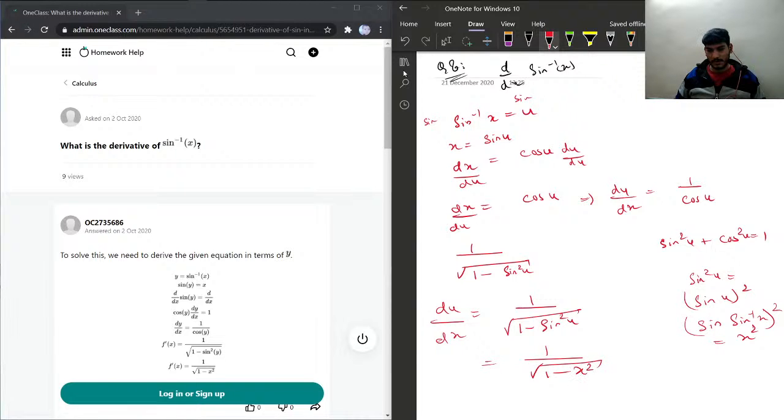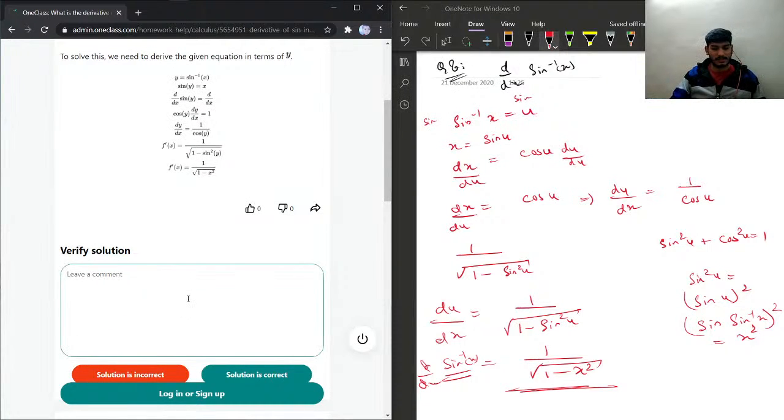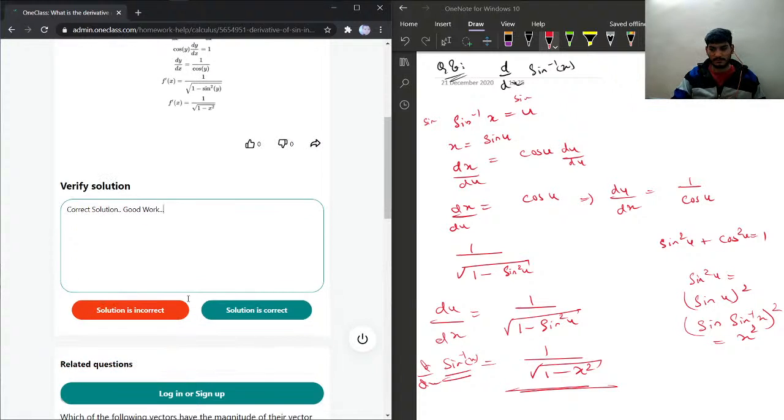This will be 1 minus x square, and this is the derivative of sine inverse of x. So let's look at the solution given by Junior Tutor. So 1 over 1 minus x square, correct? So correct solution, good work.